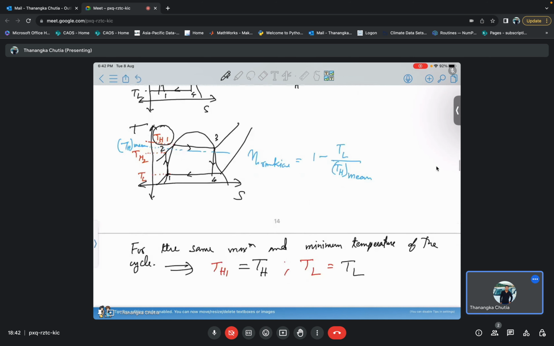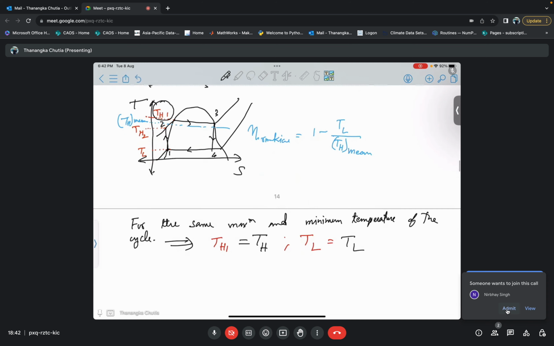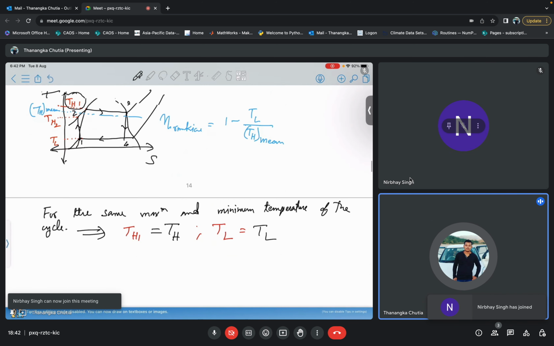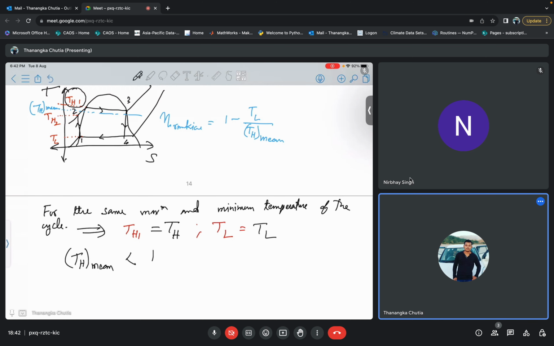Now from this figure we can see that TH mean is less than TH.